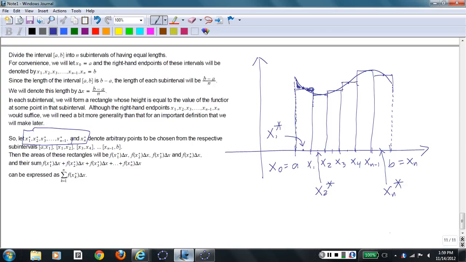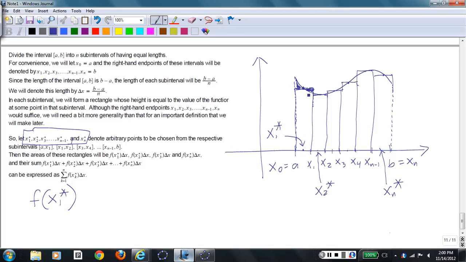So the area of any one of those rectangles would be, well, I guess I'll just need to point to it. If I evaluate the function at x sub 1 star, it gives the height of this rectangle, because that's the value of the function there.